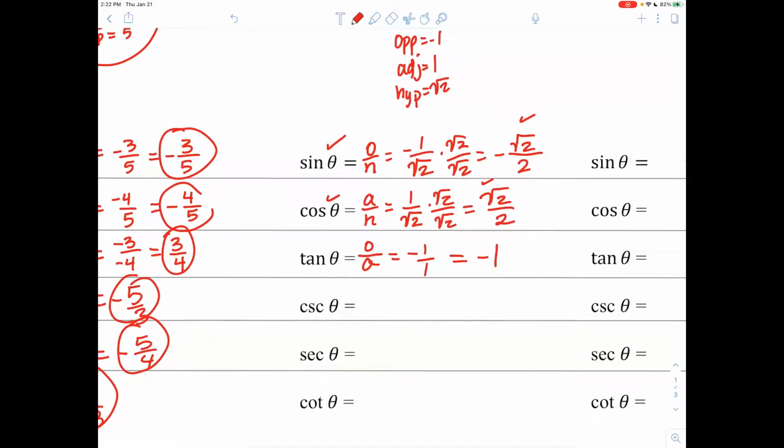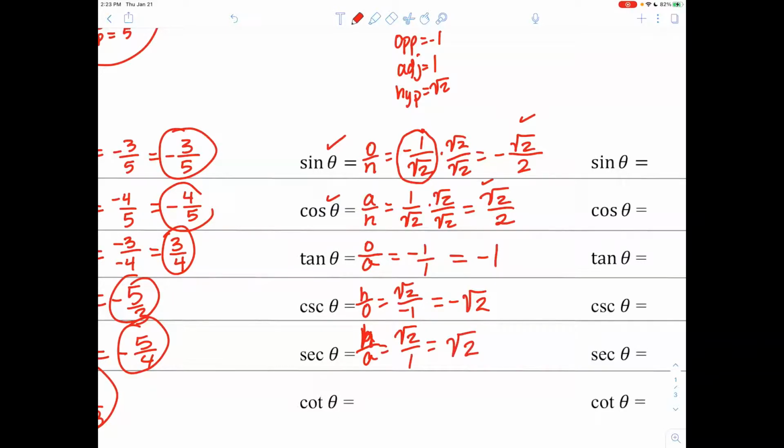Cosecant is the reciprocal of sine, and I think I'd rather use this version. Hypotenuse over opposite, so that would be the square root of 2 over -1, or negative square root of 2. Secant would be hypotenuse over adjacent, so that would be the square root of 2 over 1, or the square root of 2.